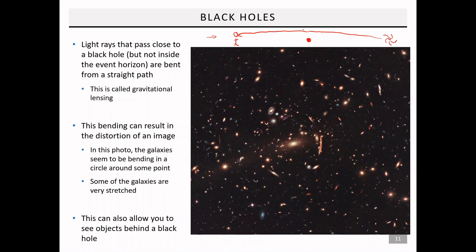Because of the way that light bends around the black hole, we can actually see objects that are behind it. If light only ever traveled in perfectly straight lines, it would be impossible for the light from this galaxy to reach us, because all of the light from that galaxy would be sucked into the black hole. But since light bends around black holes, we can actually see what's behind them.